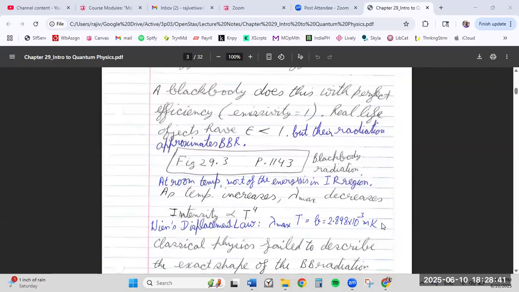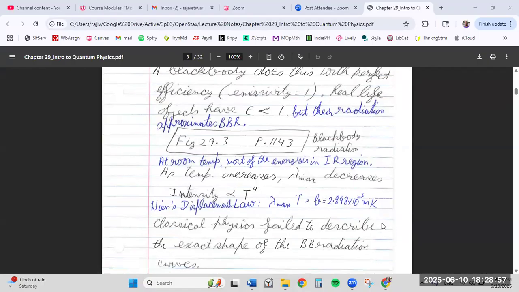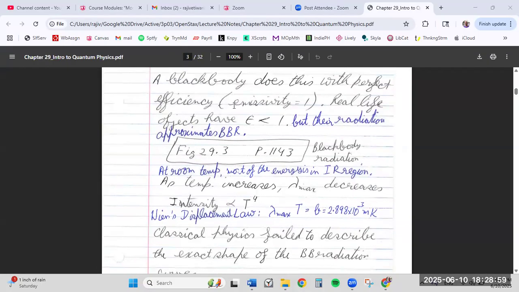A black body does this with perfect efficiency. So there's no loss of energy when a black body emits electromagnetic radiation. The idea that this efficiency is perfect is expressed in terms of a quantity known as emissivity. So we say that the emissivity of a black body is exactly 1.